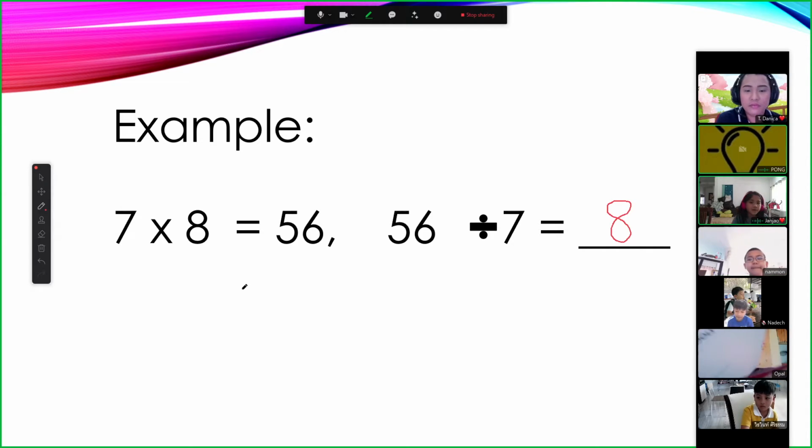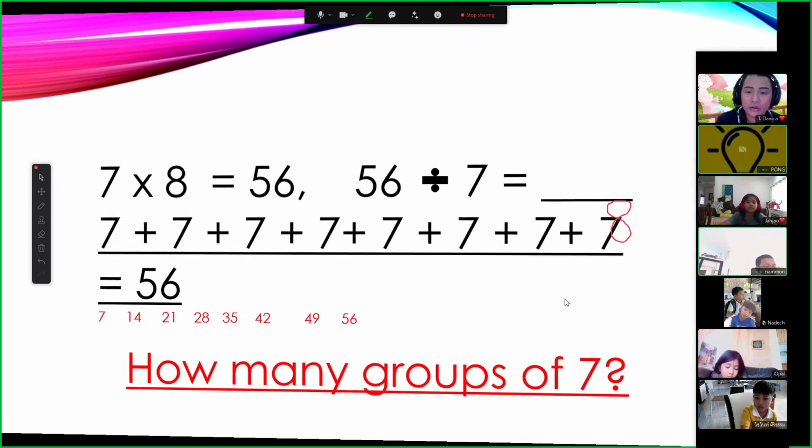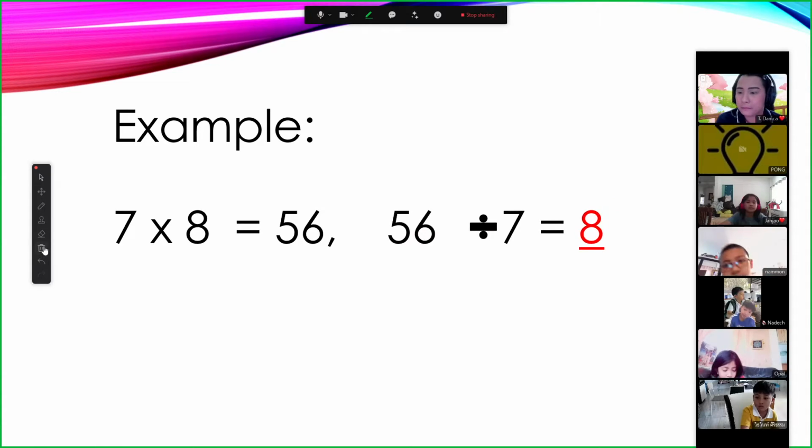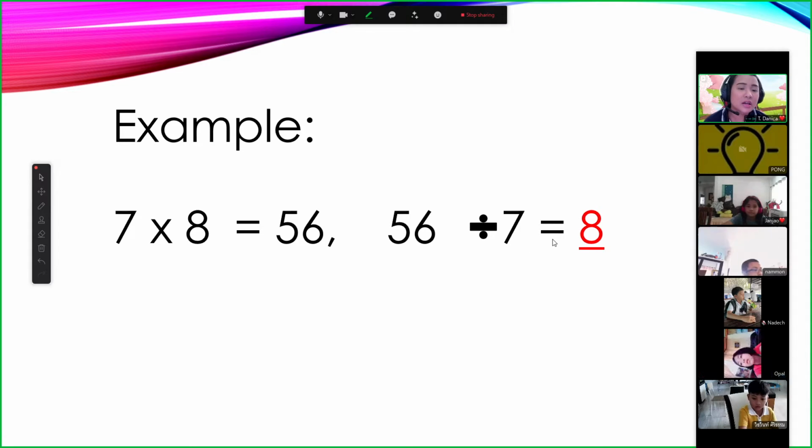Yes. 56 divided by 7 is 8. Next, number 3. Okay, number 3 is 7 times 8 equals 56. It's the same as 56 divided by 7 is equal to 8. Right? 8.